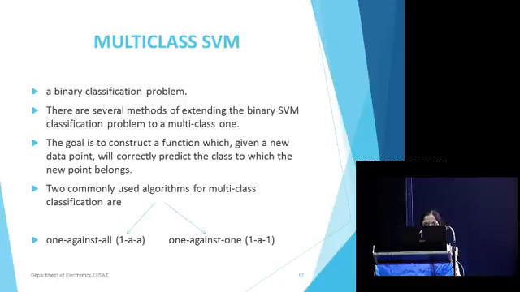Then multi-class SVM. SVM is a binary classification algorithm, but we can also solve multi-class problems by performing different binary classifications. There are two algorithms for multi-class classification, one-against-one and one-against-all. This is the block diagram of the system.